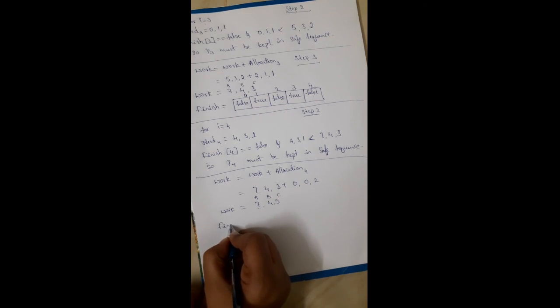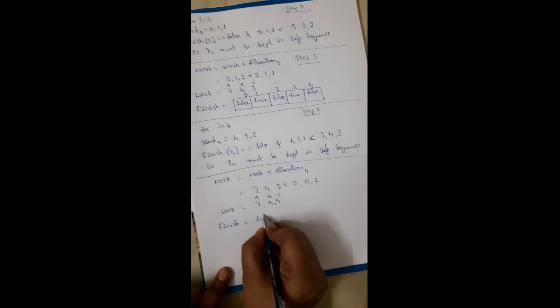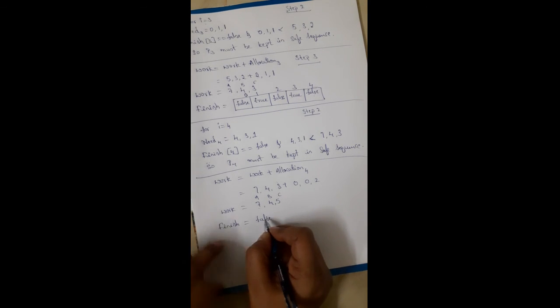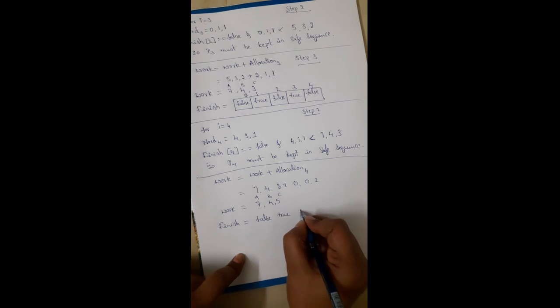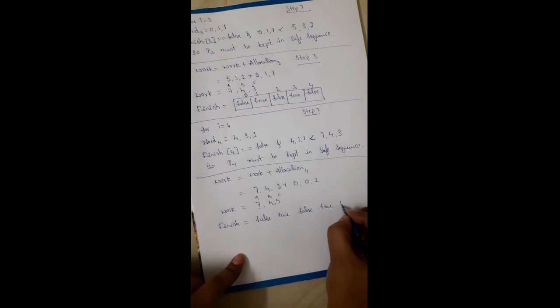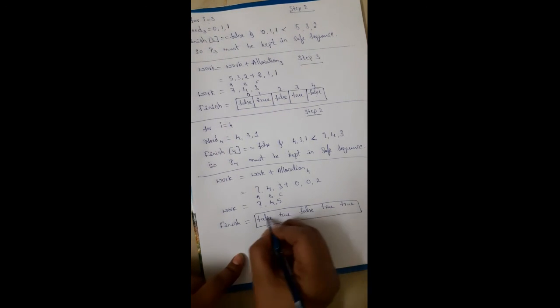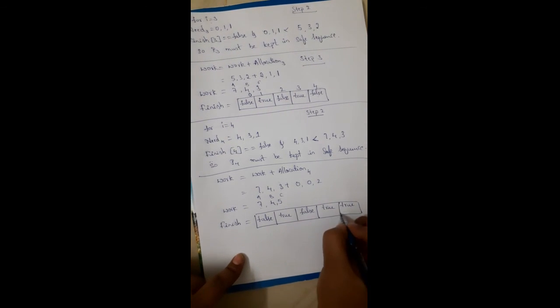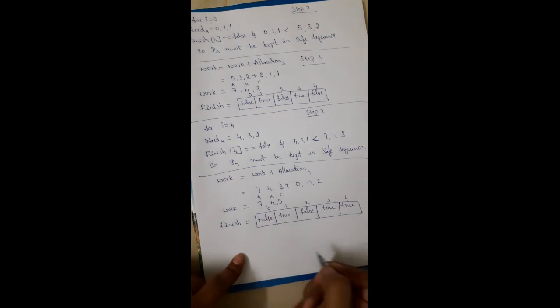What happens to finish now? Finish array. Finish is equal to, as you know, 0. P0 is false. For P1 it is true. For P2 it is false. P3 it is true. Now P4 is also true, right? 0, 1, 2, 3, 4, right?